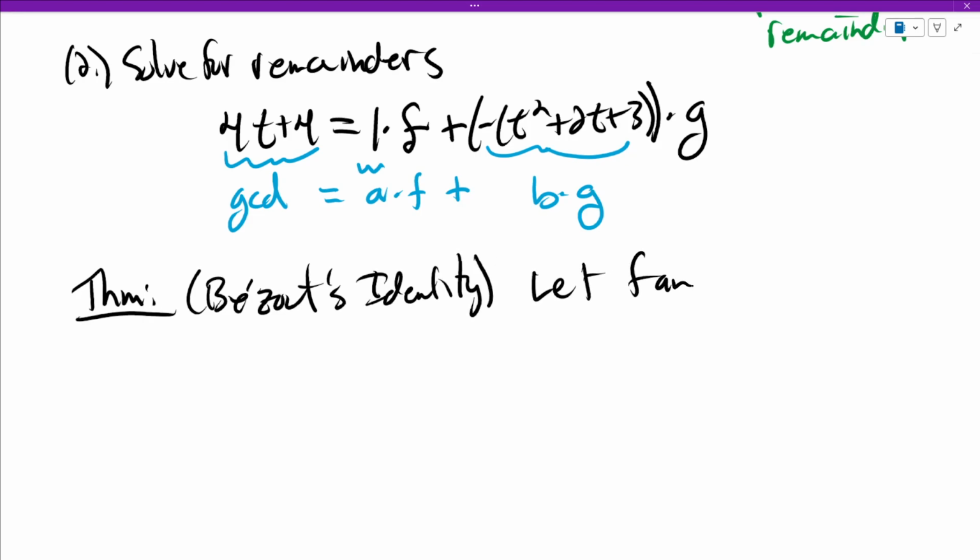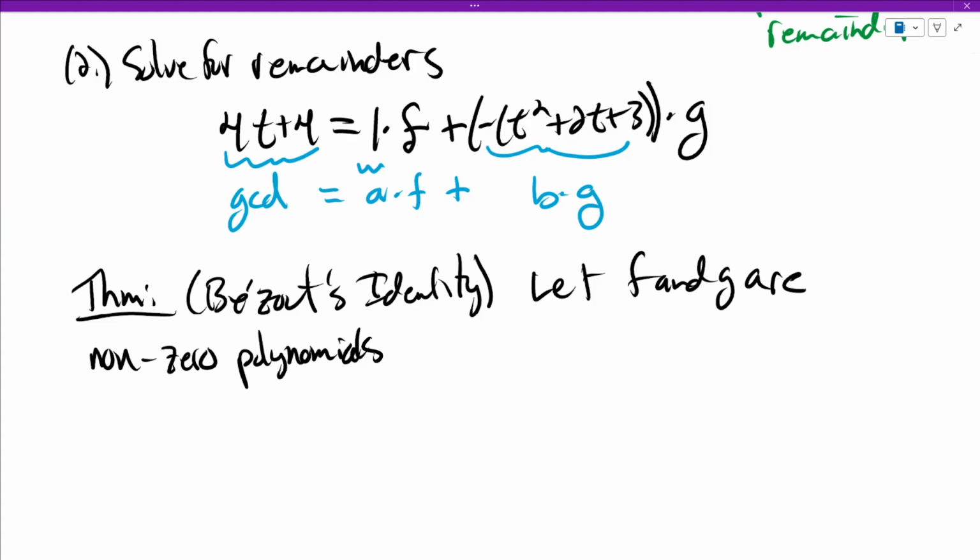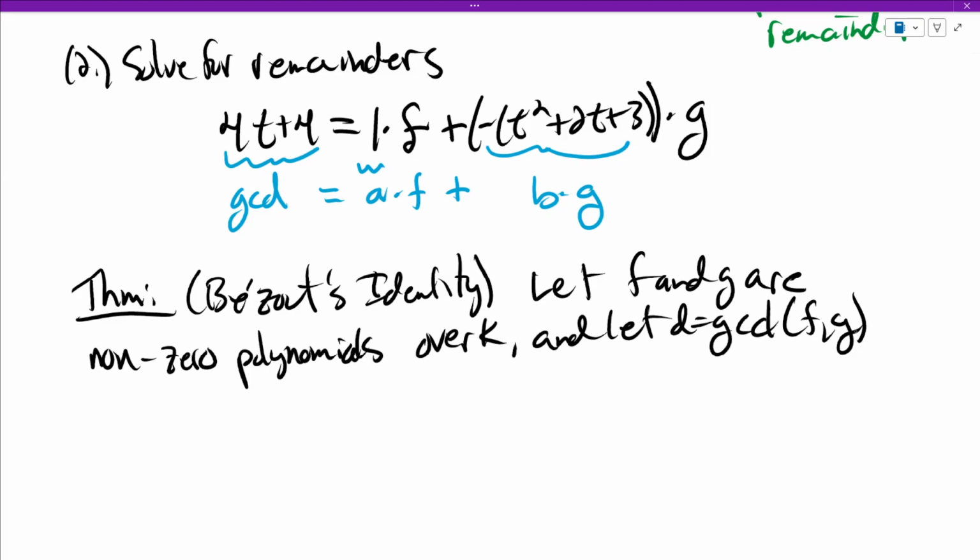Suppose f and g are non-zero polynomials, or at least not both zero polynomials, over K, and let D be the GCD of F and G. D again is a polynomial.